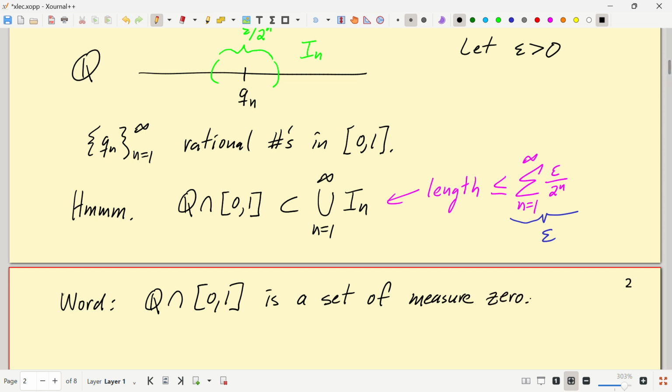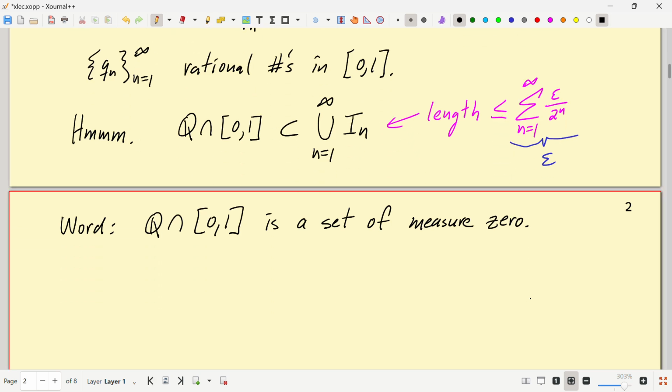And so we expect the values of the function on a set of measure 0 not to affect the integral. The complement, namely the irrational numbers, is a set of full measure.